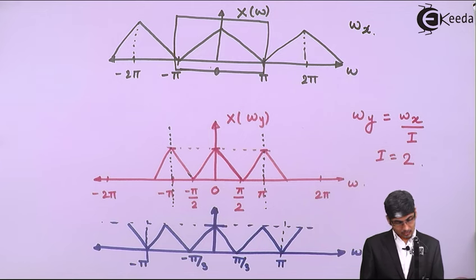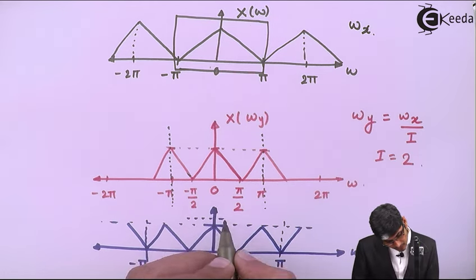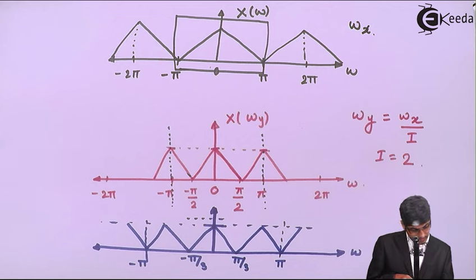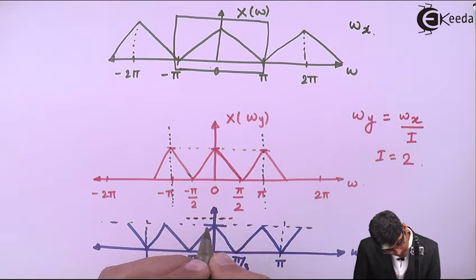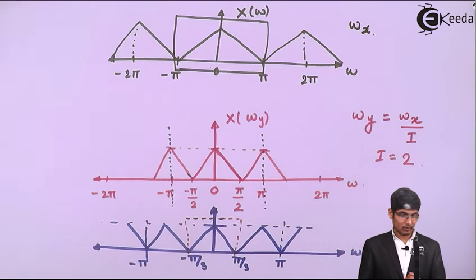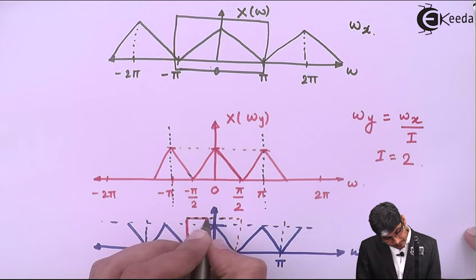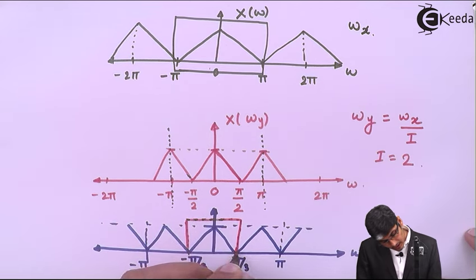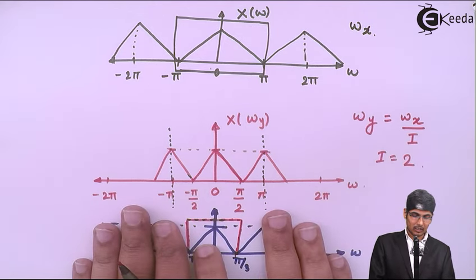So what I'll do is pass just this much part through a filter. What will happen? I will only see this much of the signal characteristics, and the rest will be neglected. So I am hiding them all, and I am just opening a window for this one.